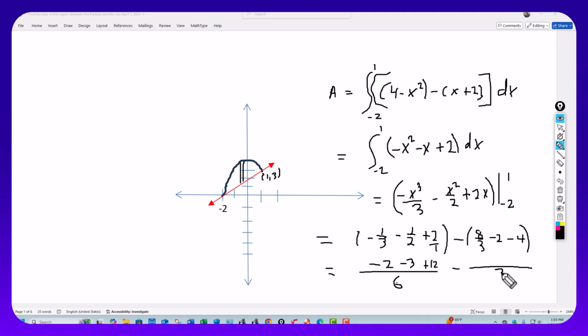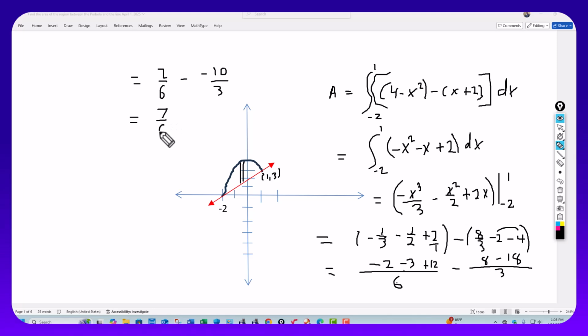Next one, common denominator will be 3 here. And of course we can add these up. That's minus 6 here. This will be 8. Minus 18. I'll finish it over here then. Combine these up, we get 7/6. This will be a minus, and this will be a minus 10. Minus 10/3.